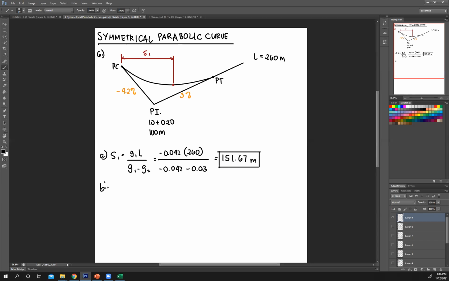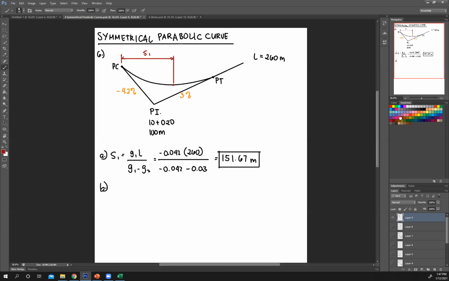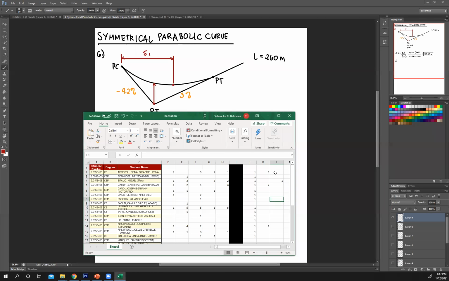Okay, letter B. What is the vertical offset of the parabolic curve to the point of intersection of the tangent grade lines? Vertical offset to the point of intersection, it's this point, right? Vertical offset is just this. Okay, and what do you call that? Correct, H. Very good, Ritz and Reynolds, Apostol and Belina.